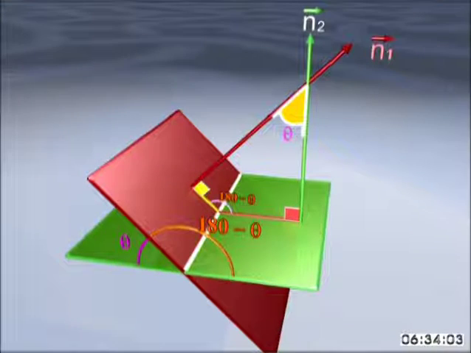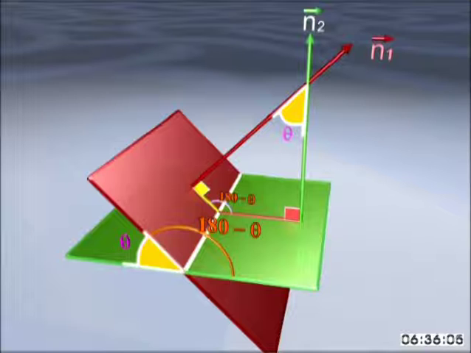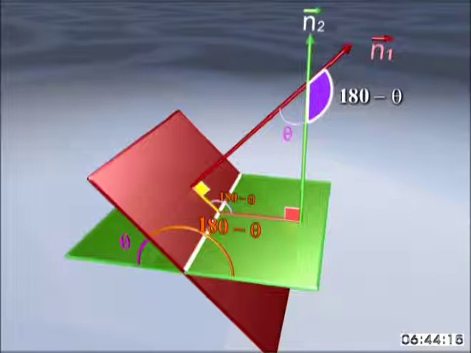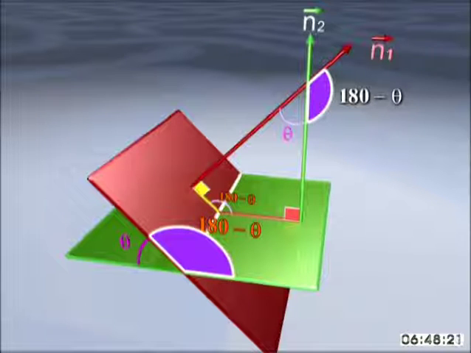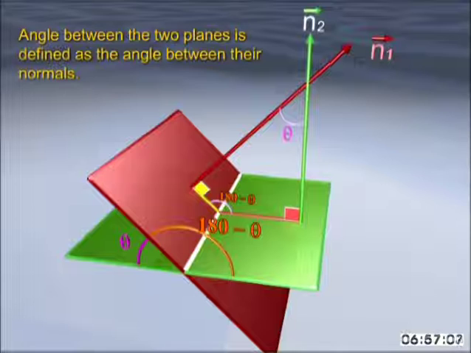The acute angle formed between the two normals is same as the acute angle formed between the planes. Similarly, obtuse angle formed between the normals vector n1 and vector n2 is same as the obtuse angle formed between the planes. Thus, we can define the angle between the two planes as the angle between their normals.